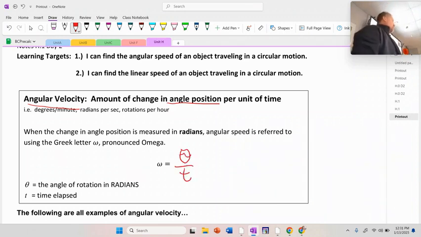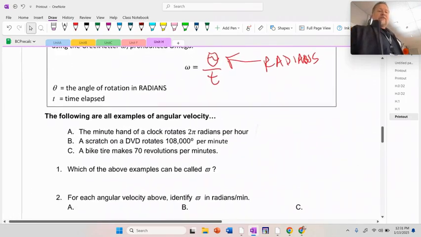It could be minutes, seconds, hours. Could be any of those. All right, but we've got to make sure that your angle is in radians, not degrees, not anything else, not rotations. So we're going to have to do some conversions. It's going to be 100% dimensional analysis. All right, radians over time.